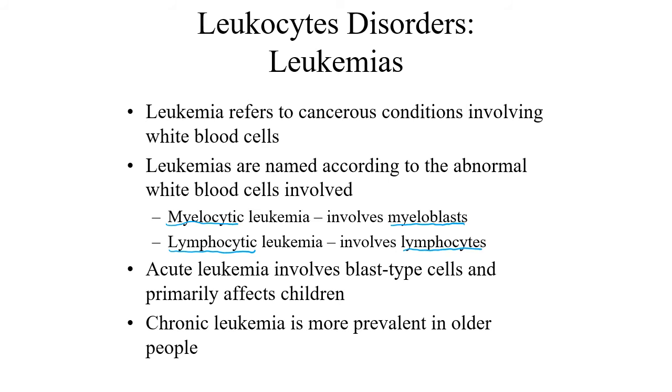In addition to the origin of the cells, we also have the type based upon where the cell production has become overrun. And so we have acute leukemias, and then we have chronic leukemias. Acute leukemias typically get us into these myeloblasts.